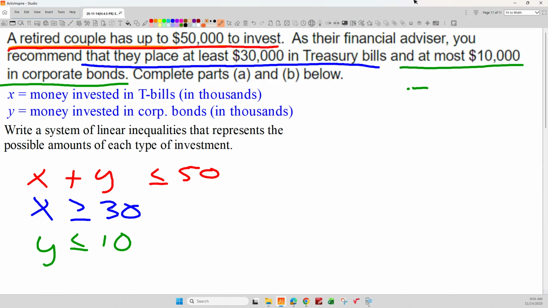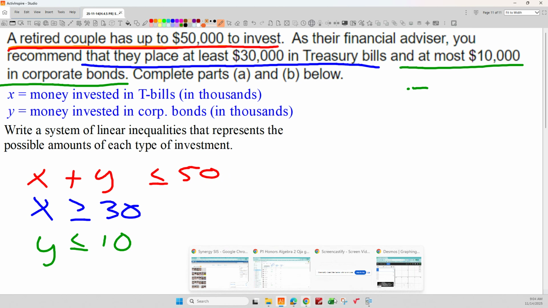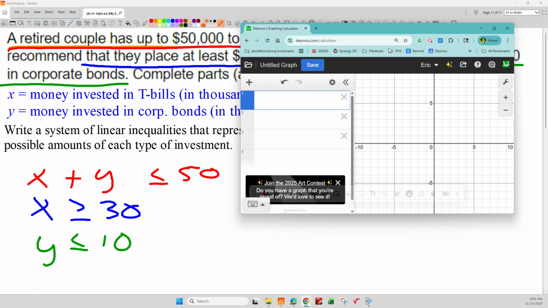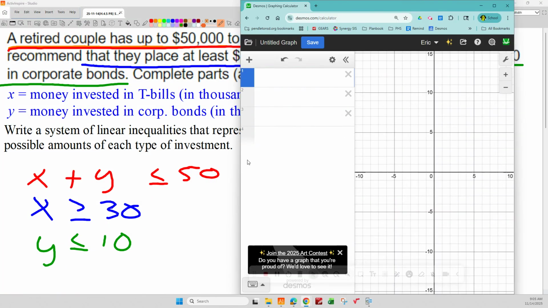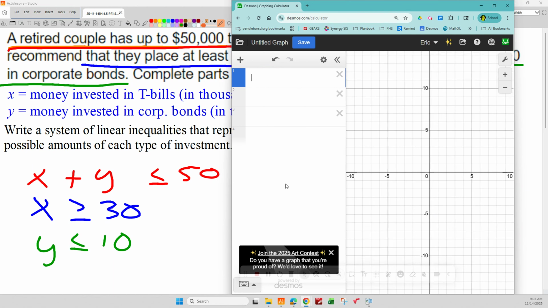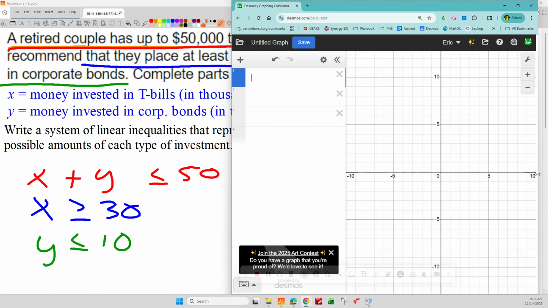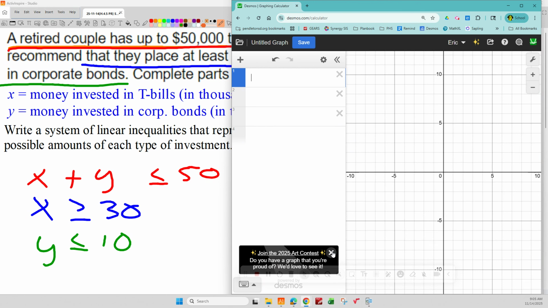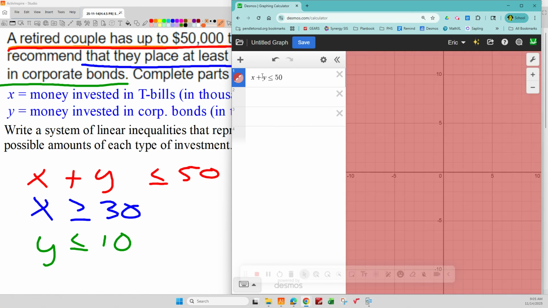Okay, oops, where'd that go? We're still missing something here, and I'm not going to say anything about it for a little bit, to see if anybody can get what it is. When we graph it, I bet maybe it'll show up. So first was x plus y is less than or equal to 50.